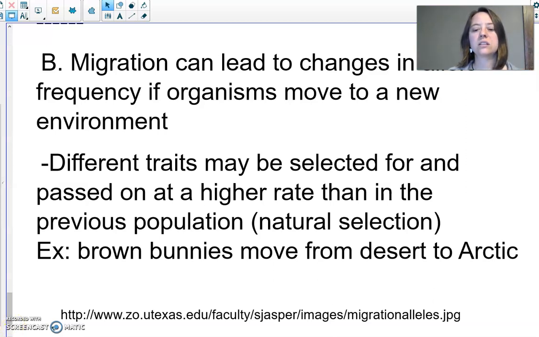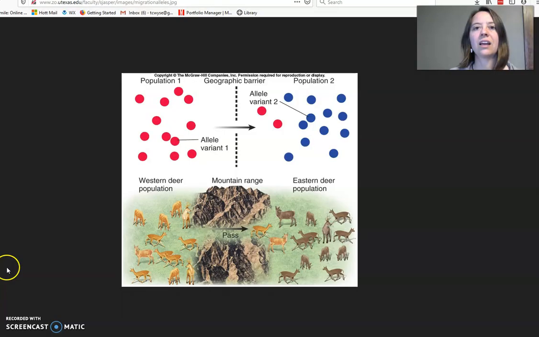So let's look at an example. We have a western deer population which has lighter fur, and an eastern deer population which has darker fur, represented by red and blue dots. This is allele 1, and this is allele 2.